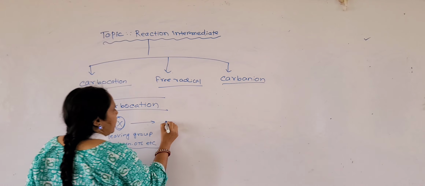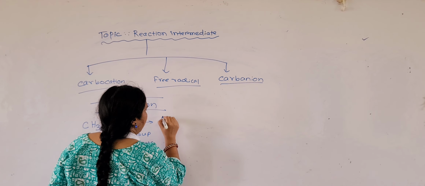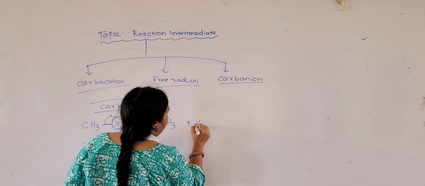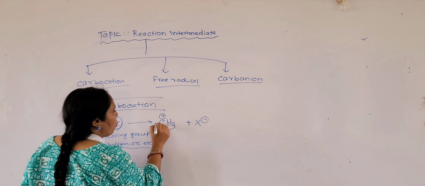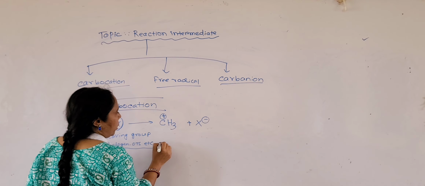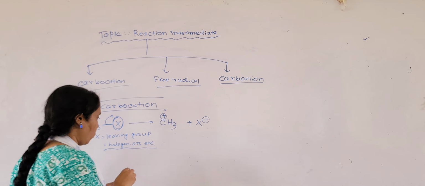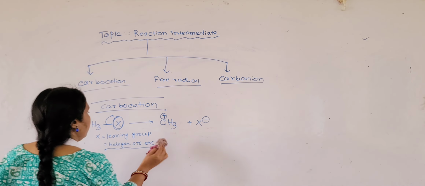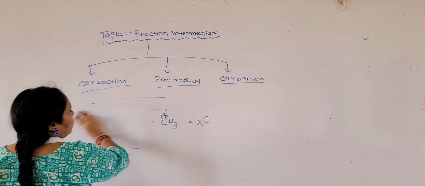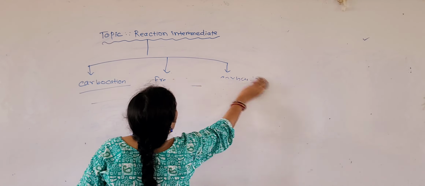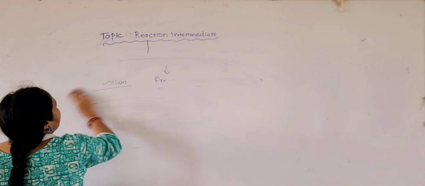It gives CH3+ and X-. The positive charge on the carbon atom means it is a carbocation. Basically, based on these things, we make any carbocation.